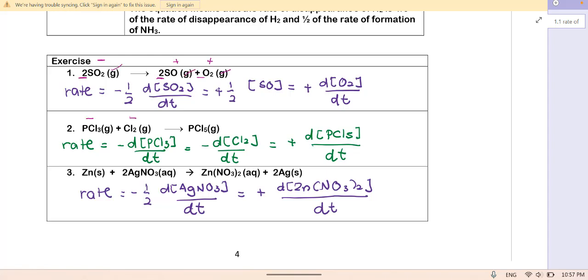Negative because it is reactant, positive for product. And then the last example, we never consider solid. So reactant will be decreasing, and here you have 2, so that's why it's 1/2, and product will be positive because product is forming.